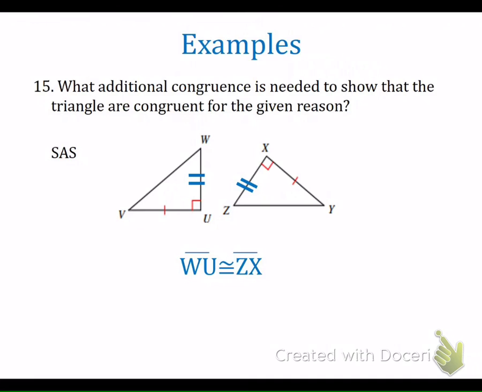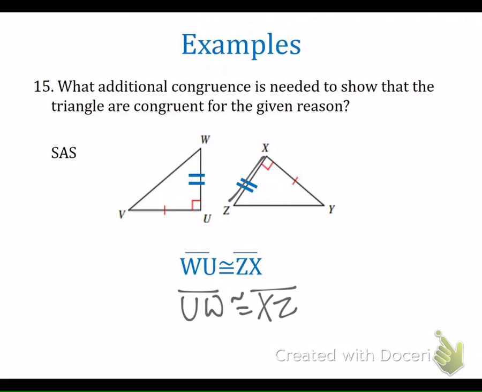A few of you said it the other way, which would have been fine. If you started with U and then went to W, you would just have to start at X and then go to Z. That would be an appropriate answer as well. Either way would work. You can't flip-flop them, though. You can't say WU goes with XZ.